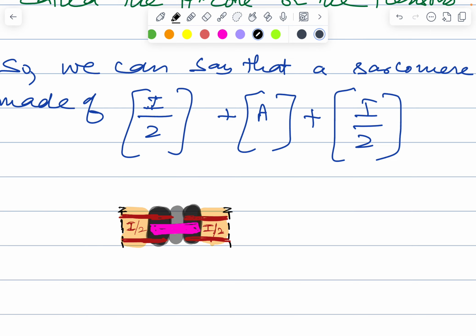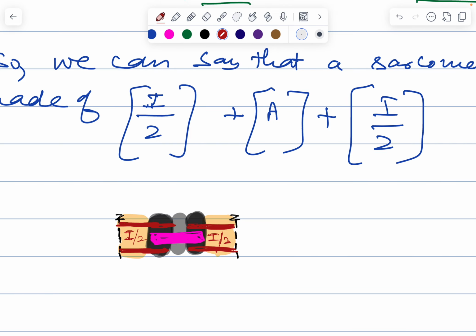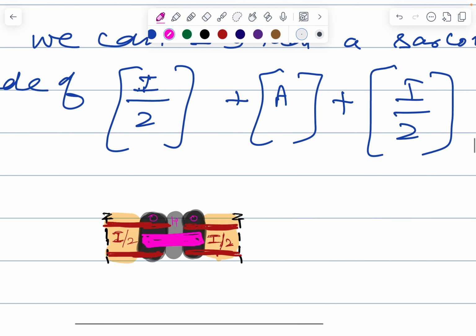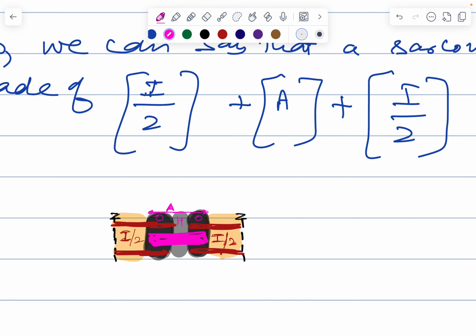That's a bit lighter, because there is only one type of protein. What is that? Primary. So H zone, and the entire structure is basically what? The A band.